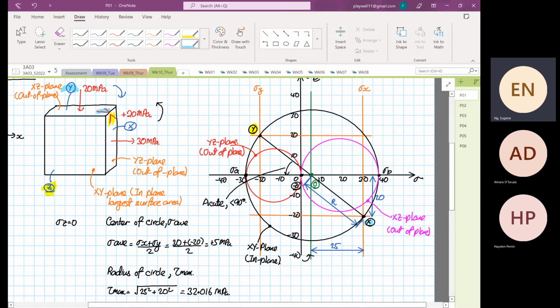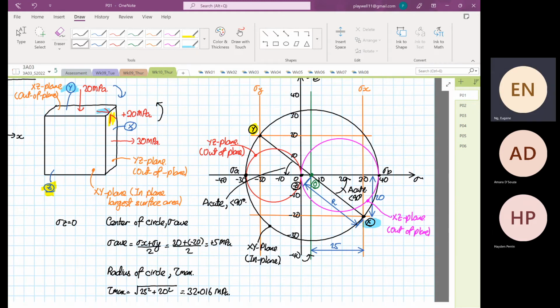Because point X, to the principal stress, this angle again is acute, less than 90 degrees to the principal stress. So we call this our XZ plane.